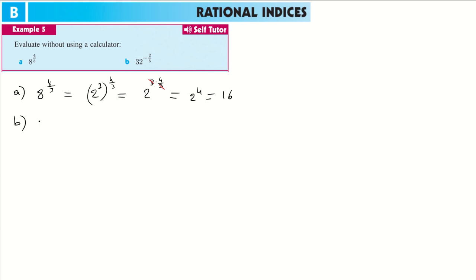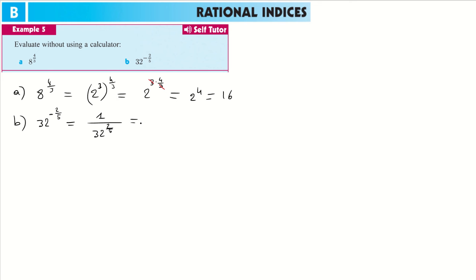And then here, 32 to the power of negative 2 over 5. So I have here to the power of negative 2 over 5, but I have 32. You can solve that in two different ways, but let's maybe focus first on the negative exponent here. So negative exponent means that we move it to the denominator. So this is equal to 1 over 32 to the power of 2 over 5.